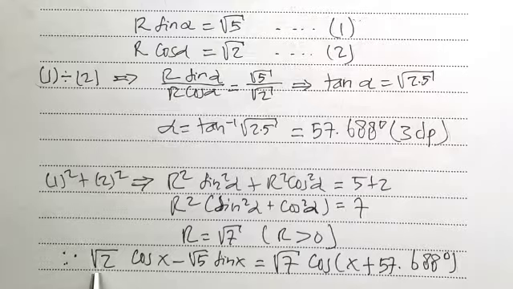Thus square root of 2 cos x minus square root of 5 sin x equals square root of 7 cos(x + 57.688 degrees).